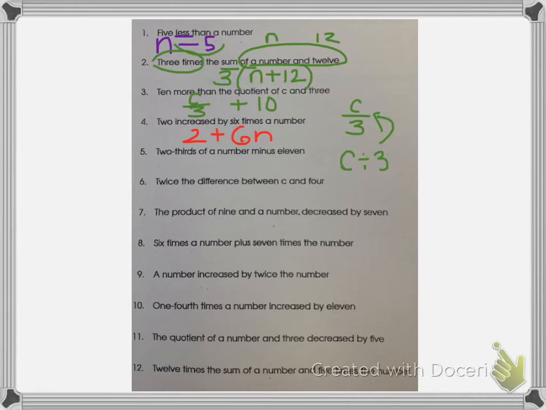Let's go on to number 5. 2/3. How are you going to write 2/3? I think you put 2, then a slash 3. There you go, the classic 2/3. How do we write 2/3 of a number? Then you put whatever number you want, like n, and then minus 11.